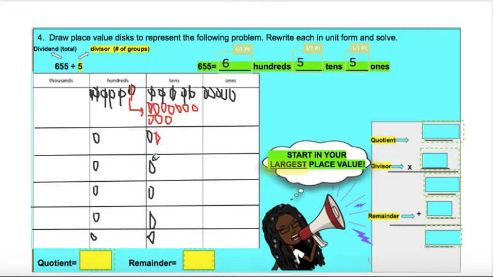I continue putting one in each group and crossing it off, going back to my first group again. Do I have any tens left over?